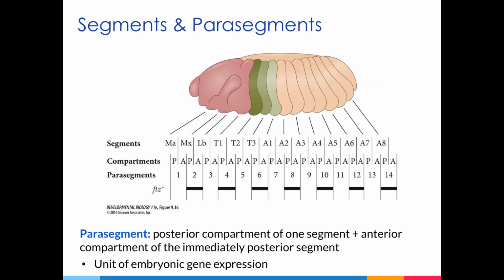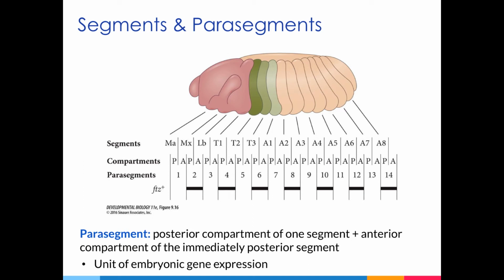What has been observed is that the expression patterns of some embryonic genes and the arrangement of some adult tissues, like the nervous system, don't quite correlate with the segments that we see in the epidermis and muscle in the larva and the adult. They have instead what is known as a parasegmental organization.